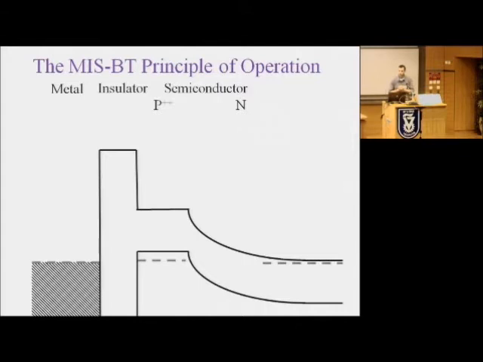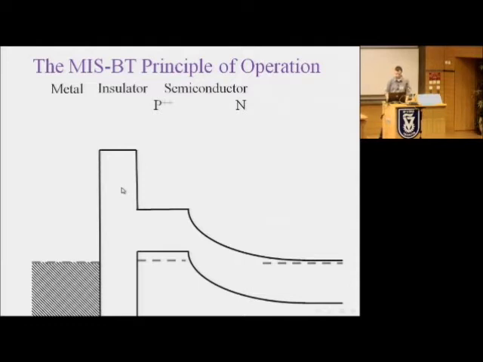I will now explain the principle of operation of the MISBT using a schematic energy band diagram. So we are looking at a metal-insulator semiconductor with a PN junction structure. The p-type layer is highly doped, so we neglect any bending here, and for simplicity, we'll assume flat band conditions at equilibrium.